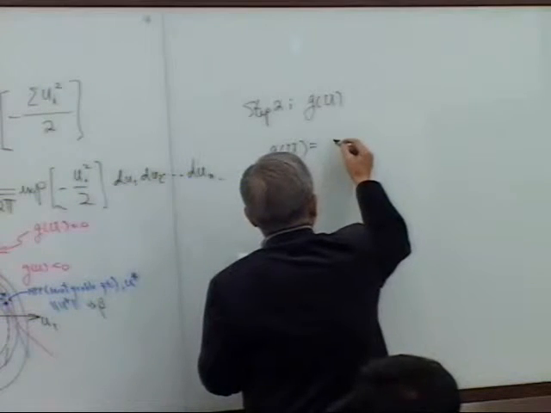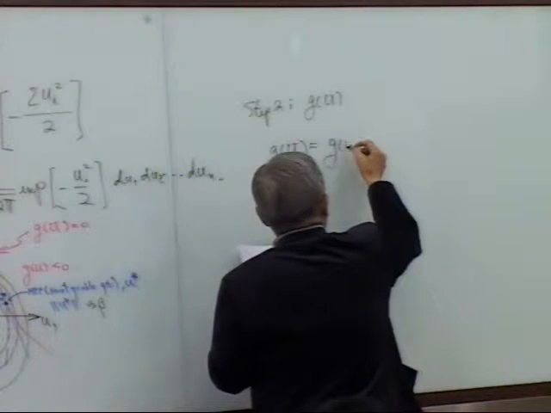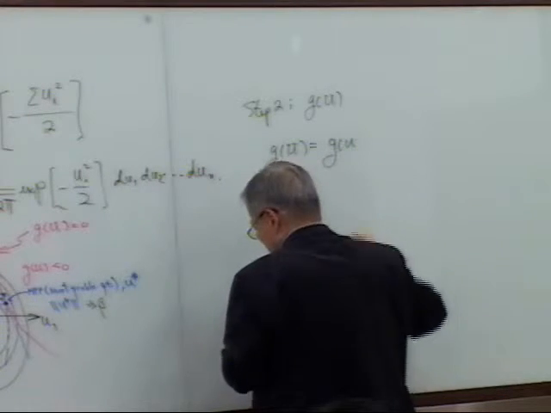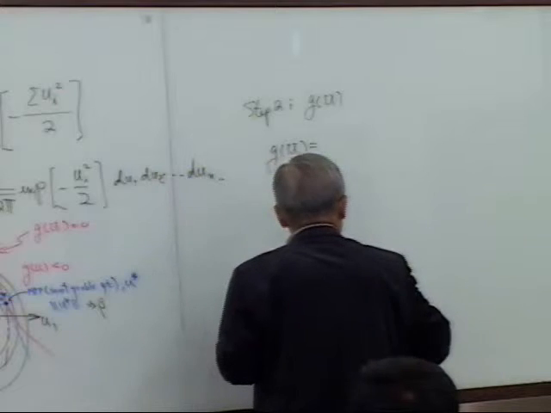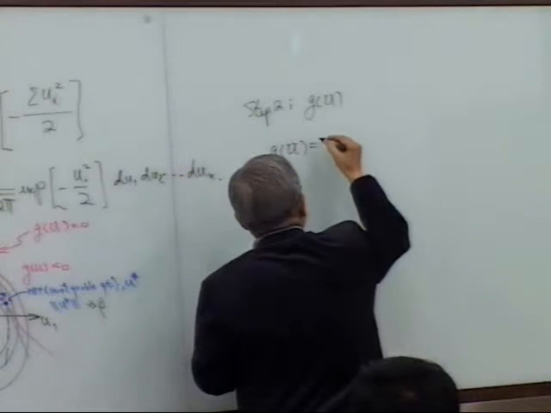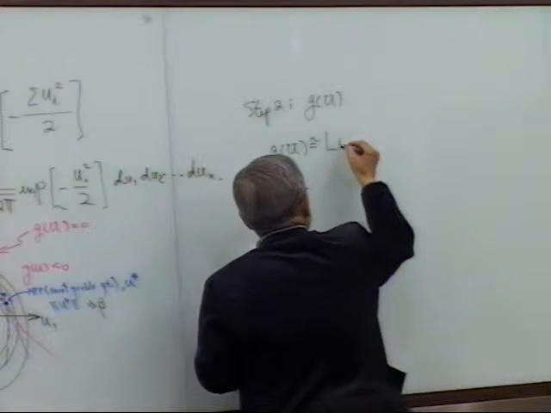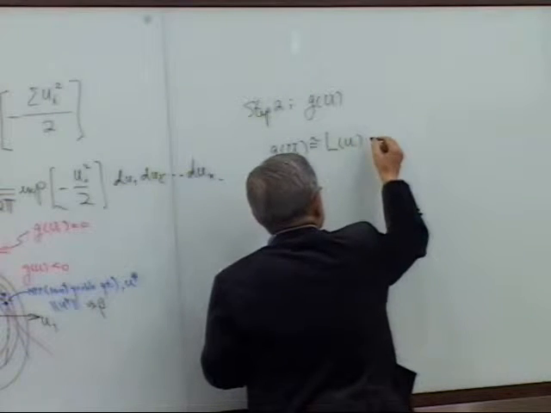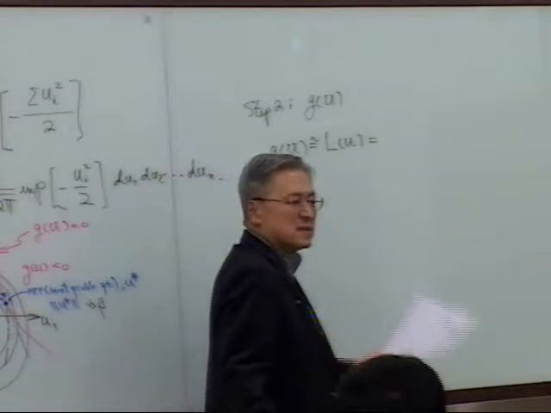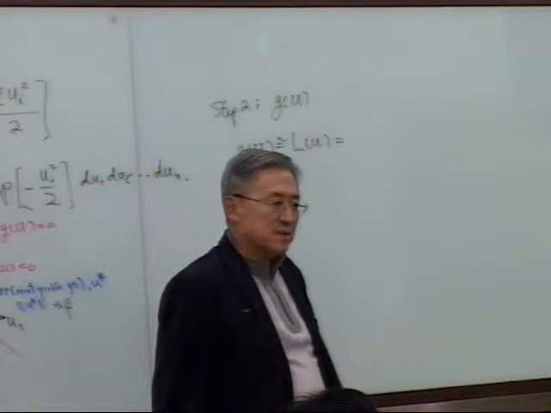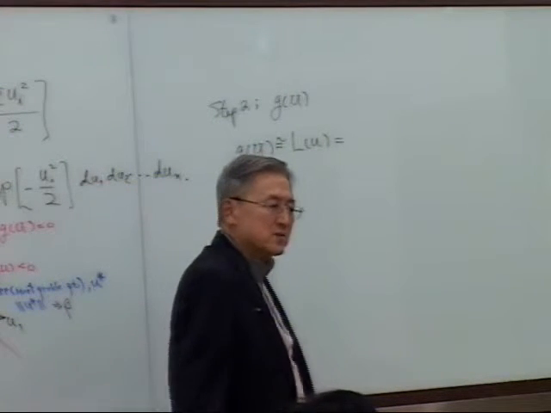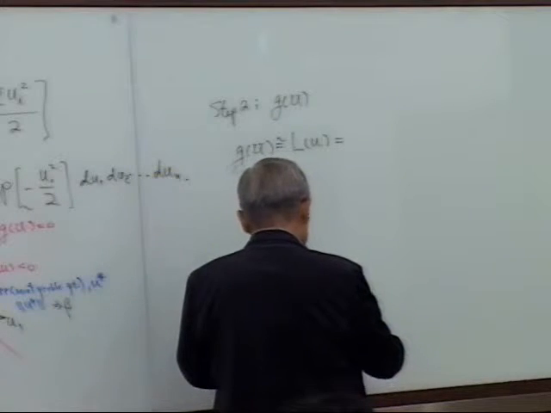So here is G(U star), and to signify we are working on the linear portion, we approximate it as L. This is just a symbol saying we're going to deal with the linear portion, not including the square terms.